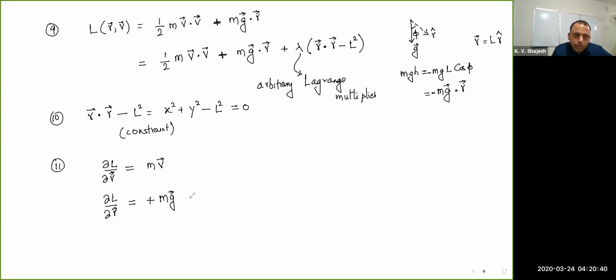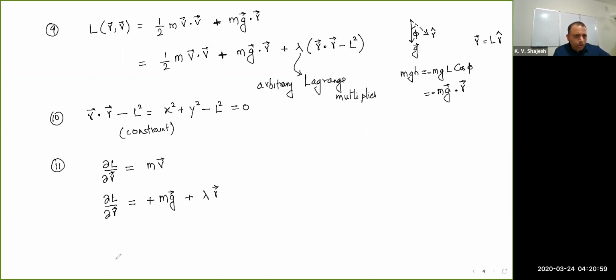and that is equal to plus lambda times, I have to take the derivative with respect to vector r, so that's lambda times vector r, right?